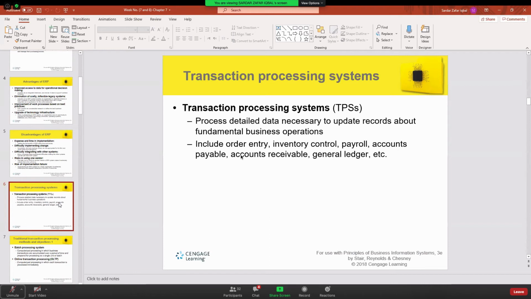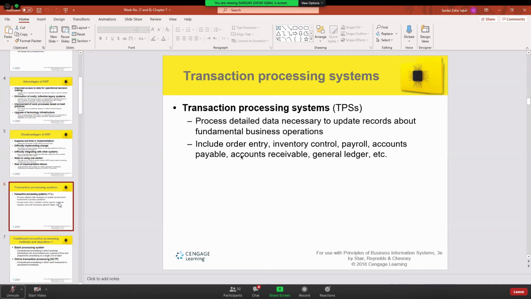Or in any market, you need a system where you can enter orders, control inventory, and manage payroll: how many employees are working, what their salaries are, how much money you are receiving, how much you are withdrawing. Journal and ledger are documents in the accounts department. The system which can manage these things is called a transaction processing system.